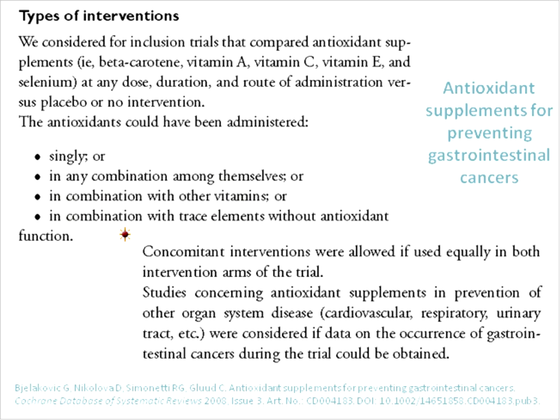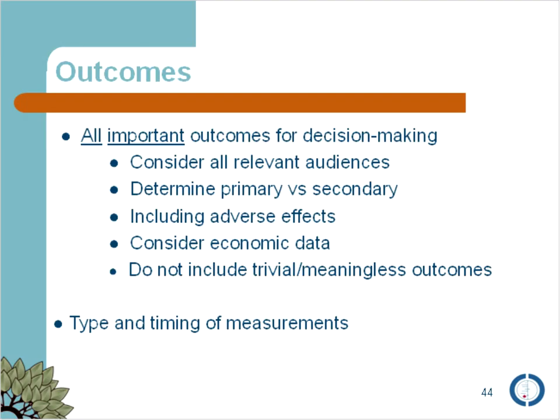Their comparisons and analysis should then follow accordingly. They addressed co-interventions, so if something was going to be given, how they were going to handle that. And if there were trials that had subgroups where patients with GI cancer could be extracted separately, then they would look at including that. So they've thought through quite a few things when they've outlined their intervention.